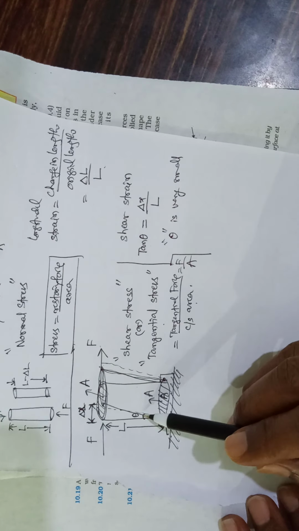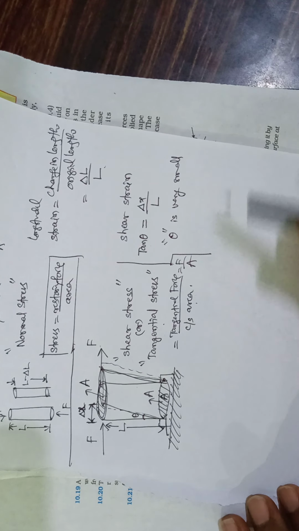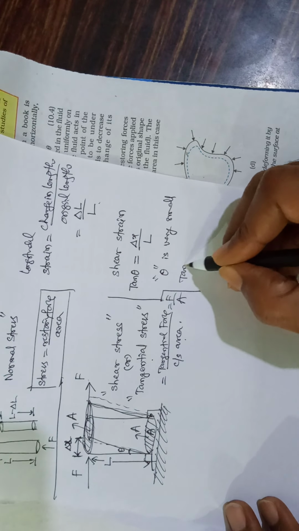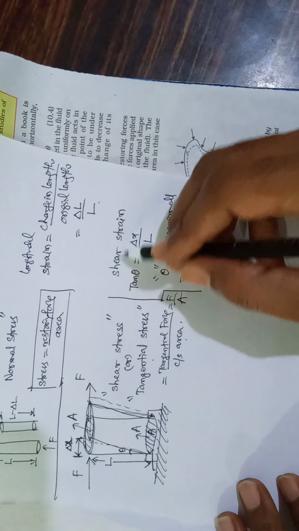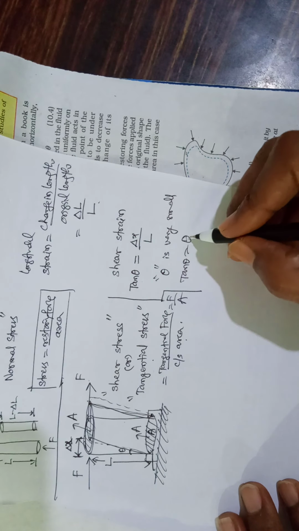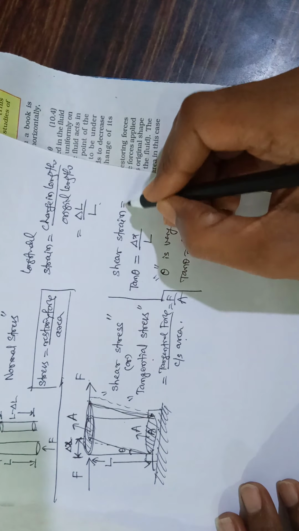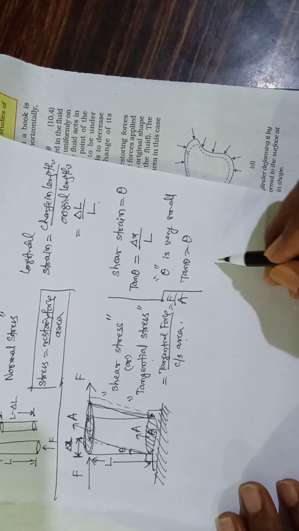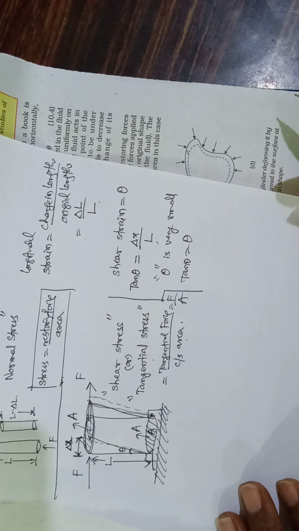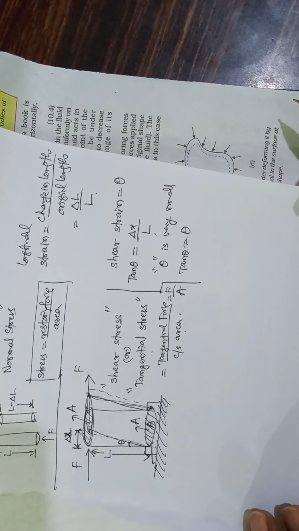Therefore the angle will be very small, and when the angle is very small, tan theta is equal to theta. Therefore shear strain is shown by just theta or delta x by L. So in this way we define the shear strain.